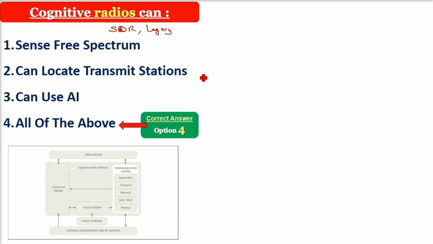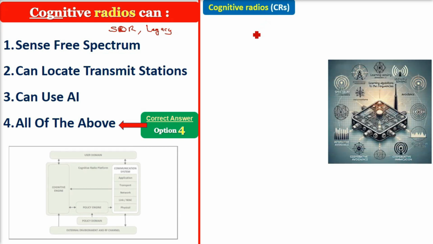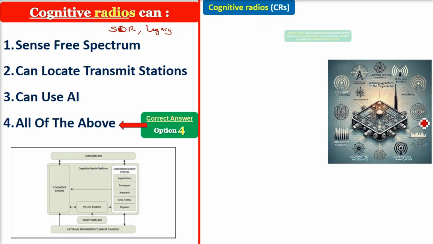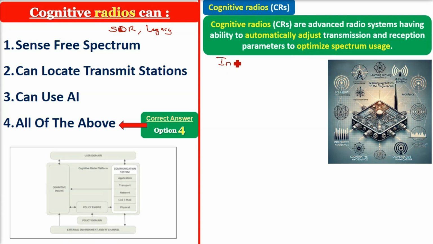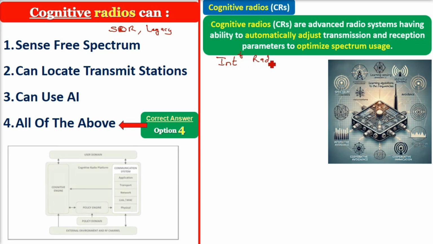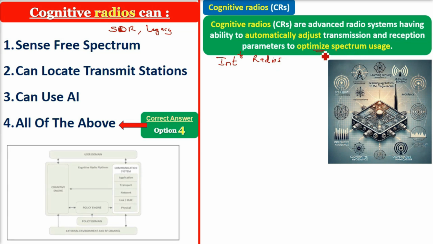It's option number 4. So these cognitive radios, or CRs, are those advanced radio systems that have the ability to automatically adjust their transmission and reception parameters in order to optimize the spectrum usage. You can call them intelligent, smart, on-the-fly changing cognitive radios.